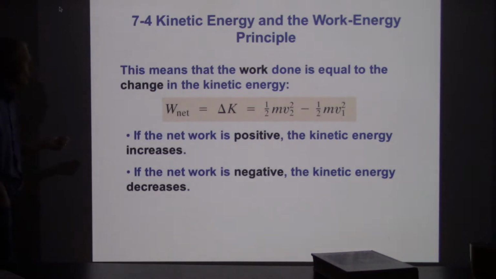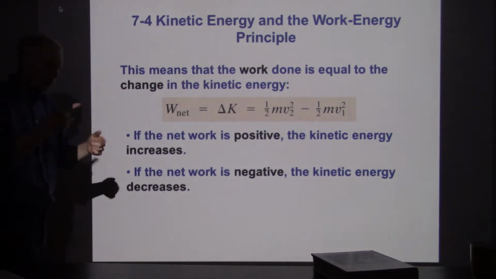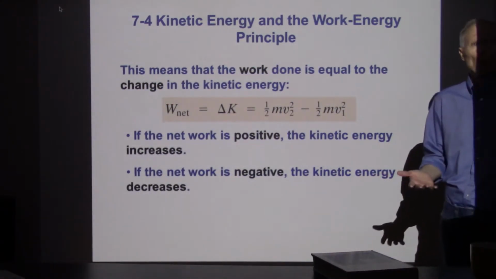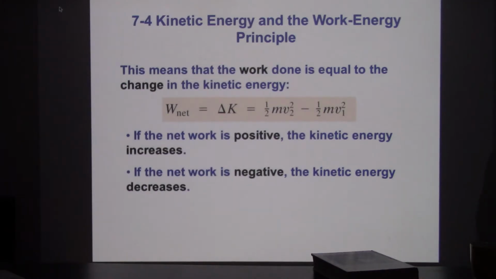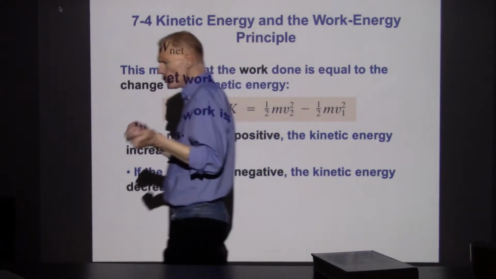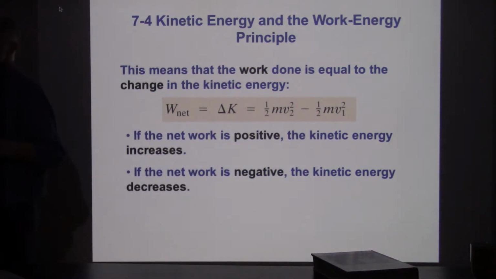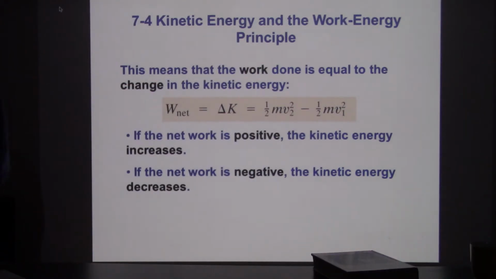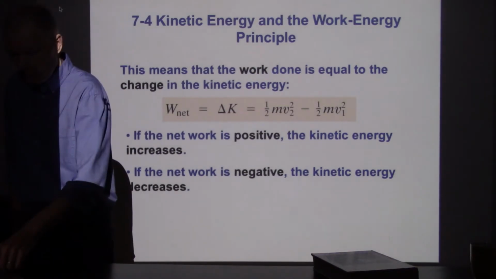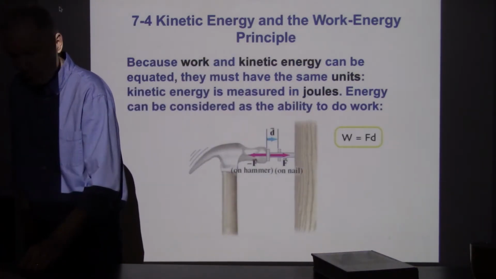So we can use this formula in place of using all the forces and accelerations and velocity calculations. In many examples, as I was saying in the previous lecture, you can use ideas from chapters 4 and 5. You can look at forces and accelerations, or we can calculate this in terms of energy. And I would say practice both, okay?